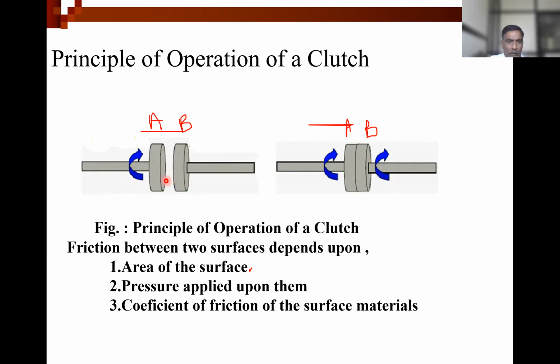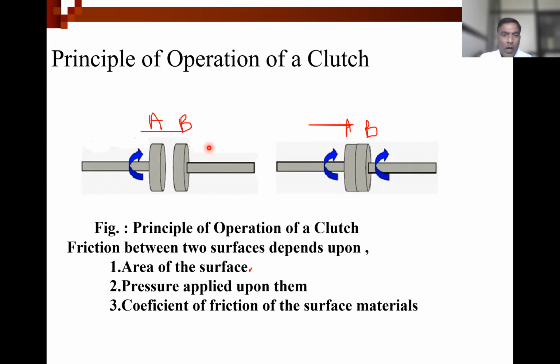So how to continue this power from this flywheel to the transmission system? For that, we need to slide this clutch plate towards this flywheel, and that will make possible power flow from the engine to the transmission system via this first element.